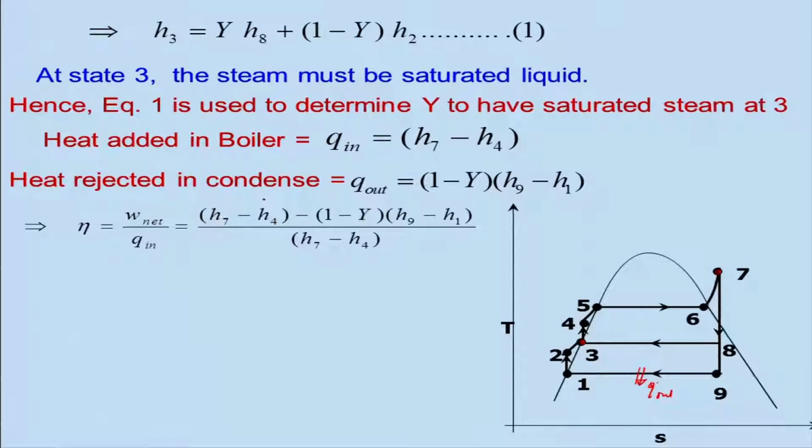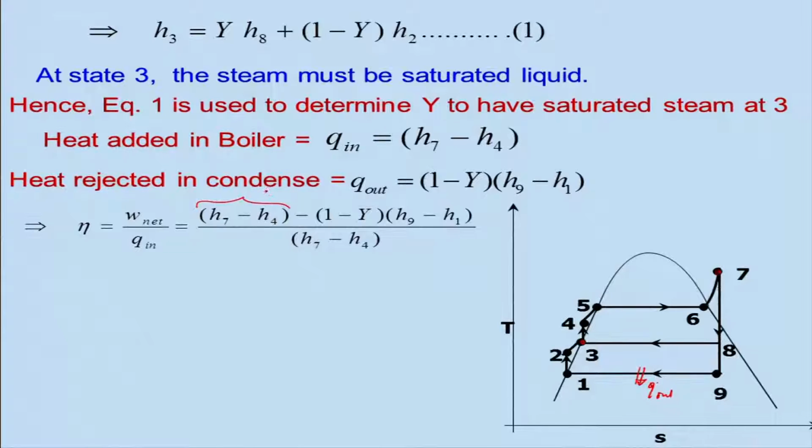If you look at the work done, it can be put in a slightly different way. That means the heat in minus heat out. This is basically Q in, right. And what is Q out?